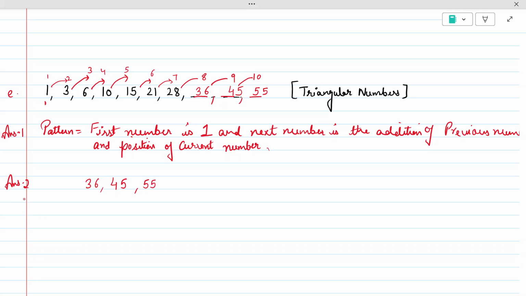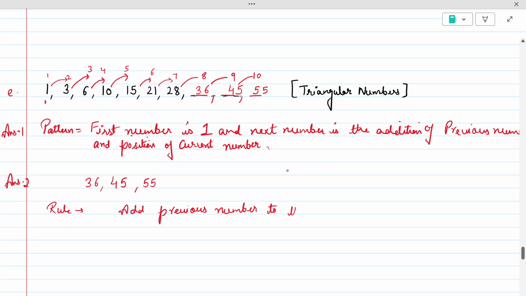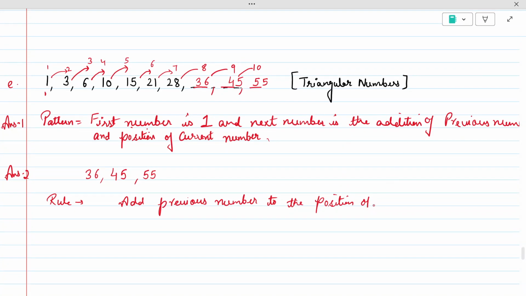Okay. Now, next is the rule. So the rule is simple. What we have to do is add the previous number to the position of the number which we have to find out, the current number.